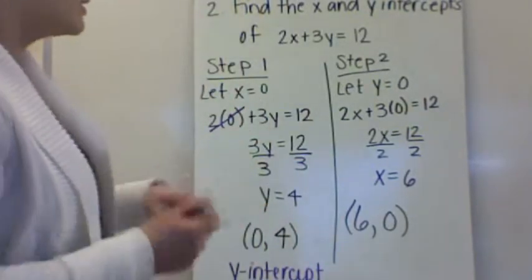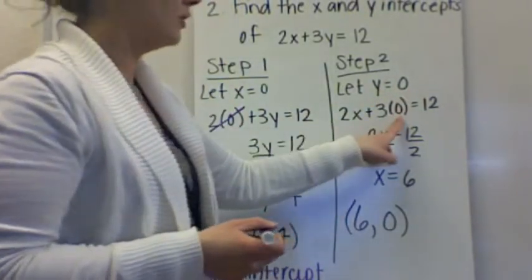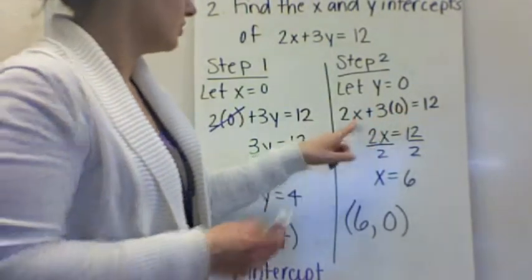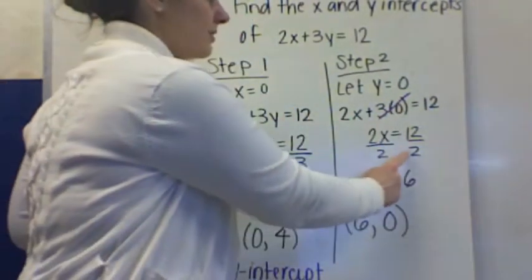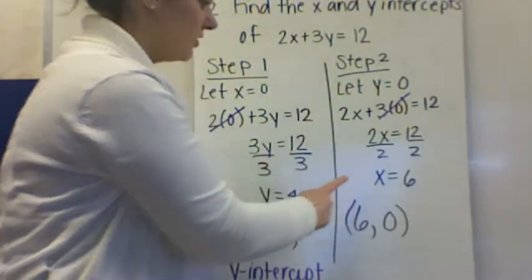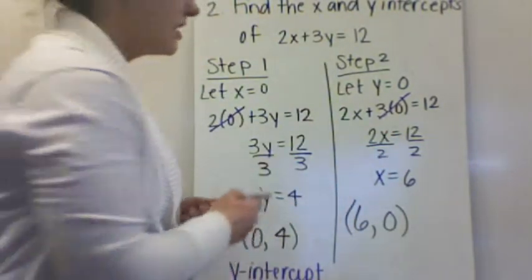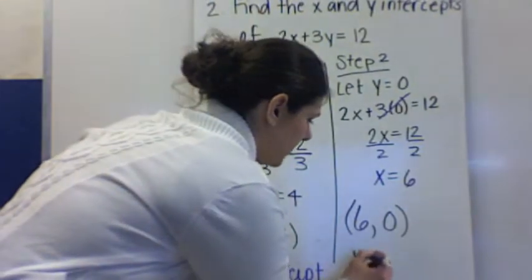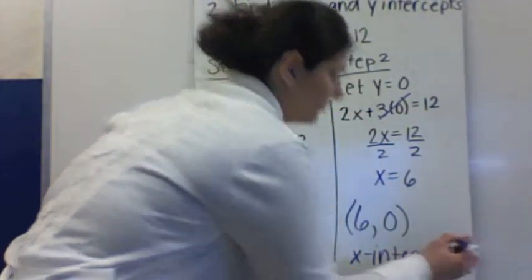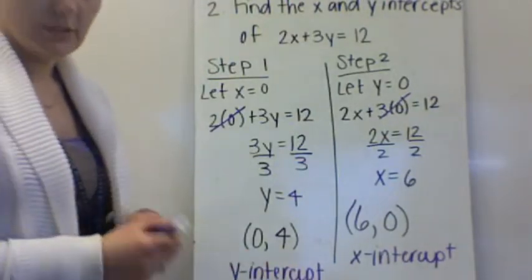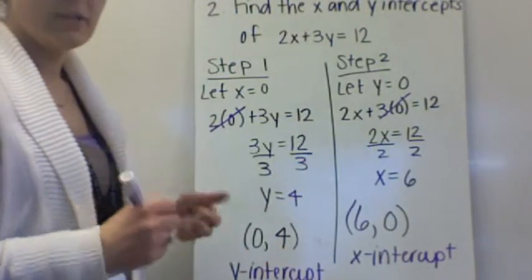Then, finding my x-intercept, I substituted 0 for y. So again, that's gone. 2x equals 12. Divide by 2 to know that x equals 6. Since we have our number for x, that's our x-intercept.